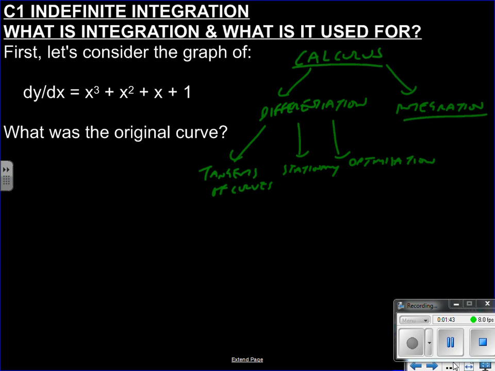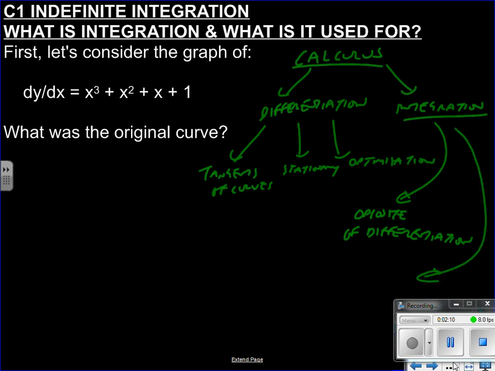Now, the fundamental theorem of calculus, that's the first thing that you would learn in your first year studying maths at degree, literally describes integration in two ways. The first way is that it describes it as the opposite of differentiation. That sounds really simplistic, but that is exactly what integration is, the opposite of differentiation.